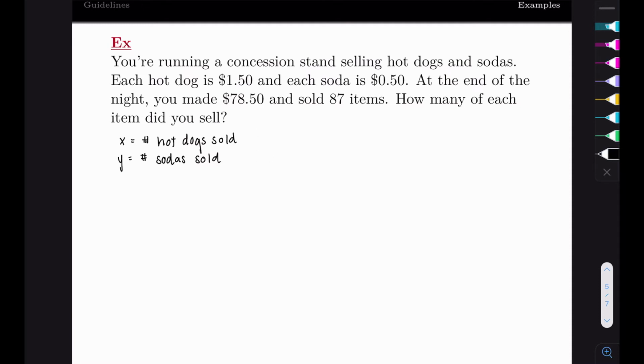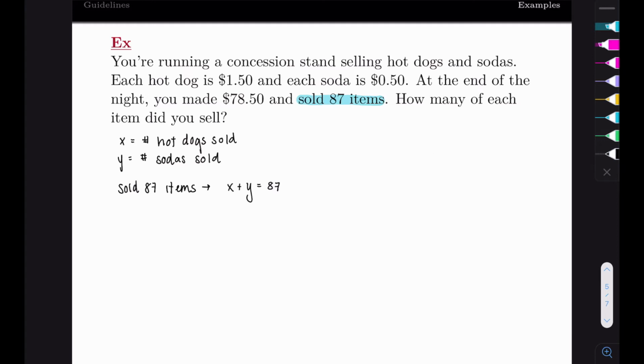So I'm going to stick to my classic x and y. So let's dissect now each of the pieces of information. We're going to start with the sold 87 items. Because we sold 87 items, if I take the number of hot dogs plus the number of sodas, in total, it has to be 87.